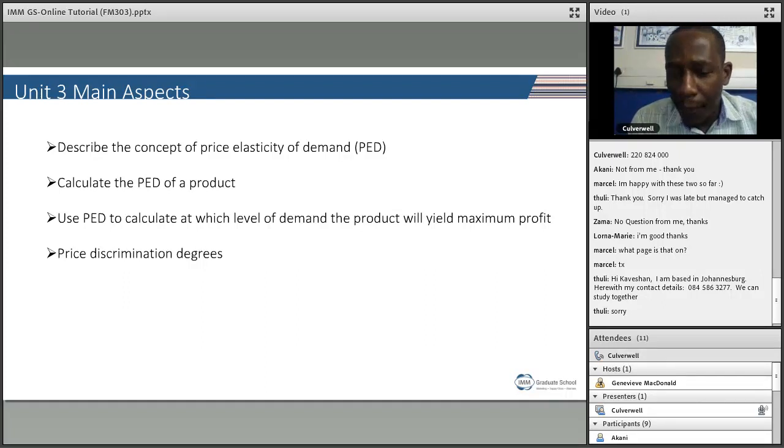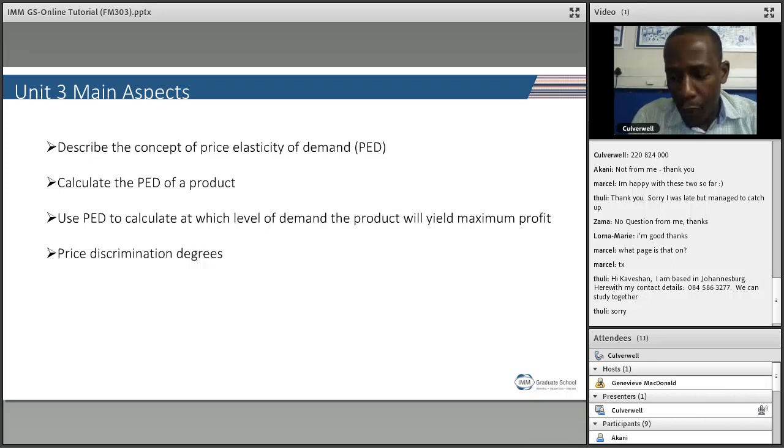You then go and interpret your PED using the interpretation guide that you have just underneath that formula there on page 148. If your PED is greater than 0 but less than 1, it means such a product has got inelastic demand. What does that mean?